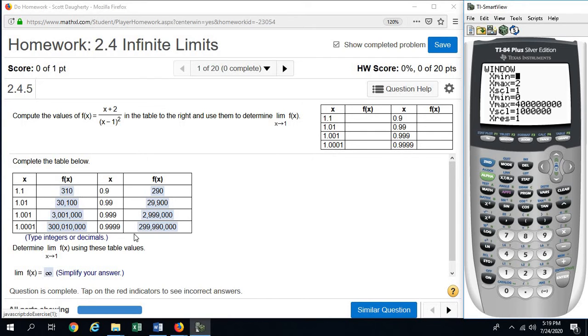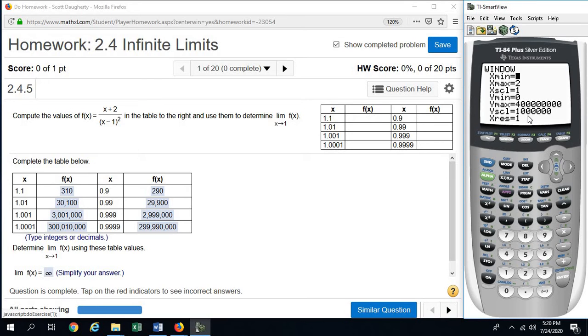In this case, these numbers get very, very large, so you may want to check one of these higher values to see how high this goes. But I'm cutting it off at 400 million because I know it only goes up to 300 million. And then, of course, the minimum is at 0 because the smallest number here appears to be about 290. But you may have to adjust this range for your y values. So you may have to play with that a little bit to get it to work out.